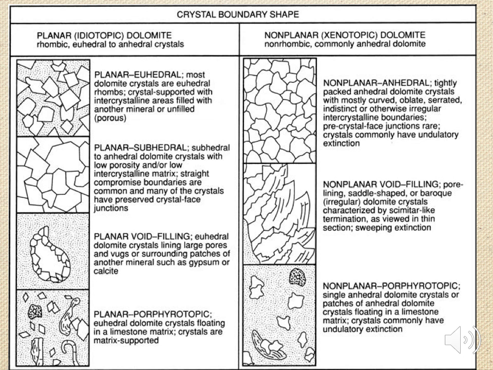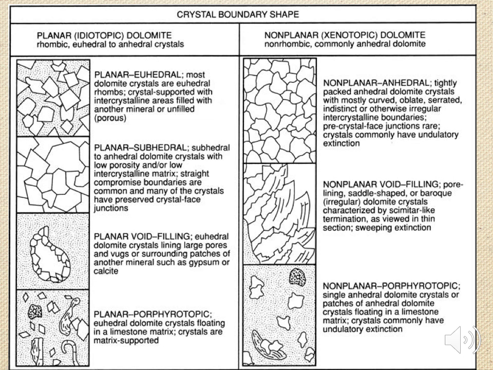Then we have planar void filling, euhedral dolomite crystals lying in large pores and vugs. And then we have these planar porphyrotopic type floating in a limestone matrix. So you see these nice diamond shape or rhomb shape or kite shape crystals just precipitating or recrystallizing in the limestone that is existing there.